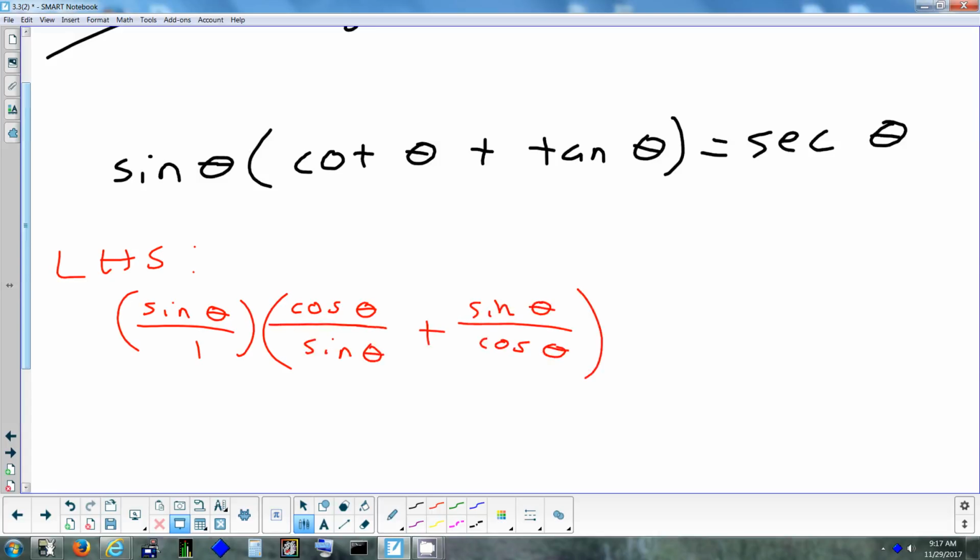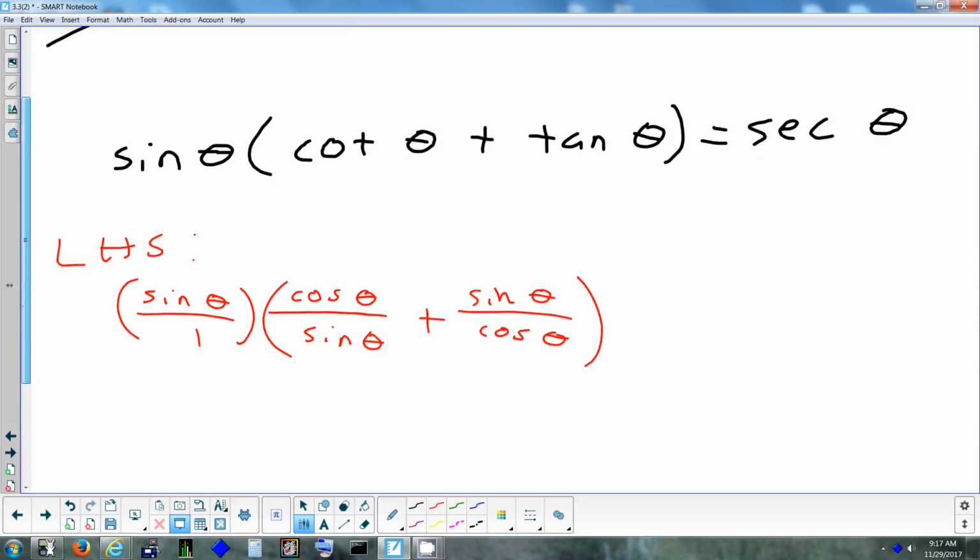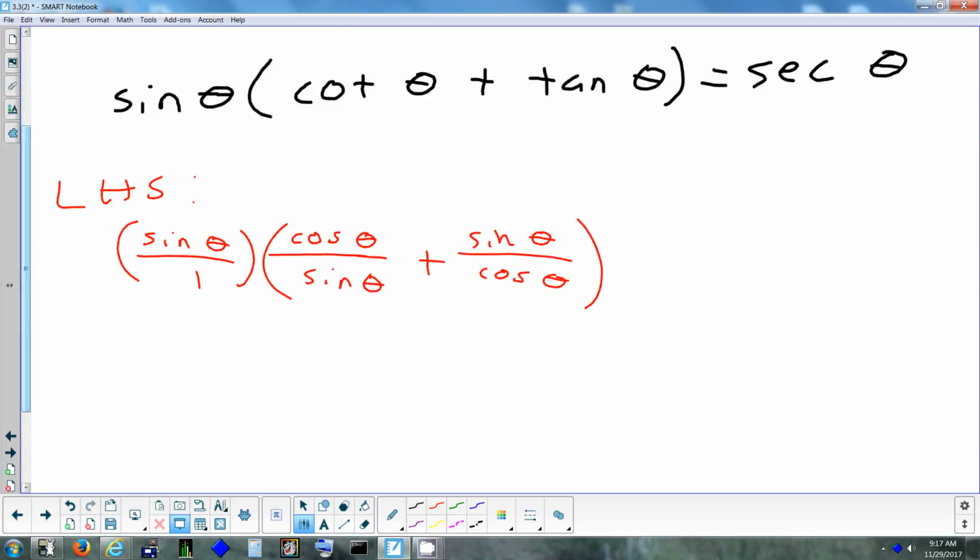Now, because we changed to sine and cosine first, now we have to deal with what's on the outside and use that property. So what property am I going to use next? Yep. I'm going to use distributive. And Alex, can you tell me what I get when I distribute to the first fraction? Cosine over.